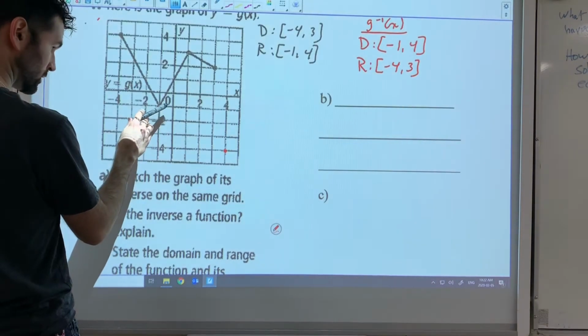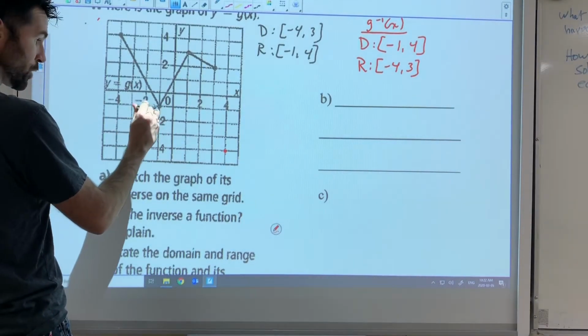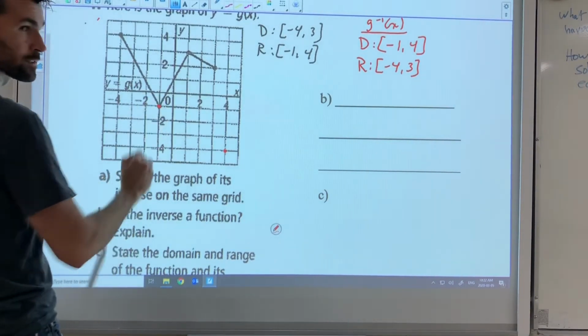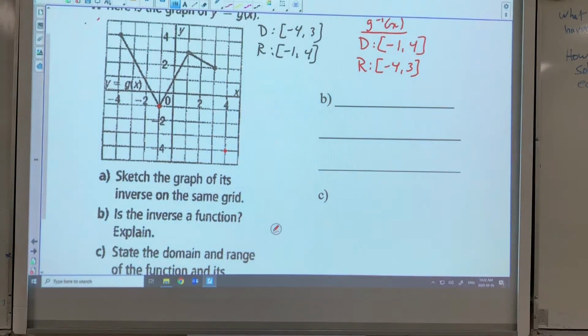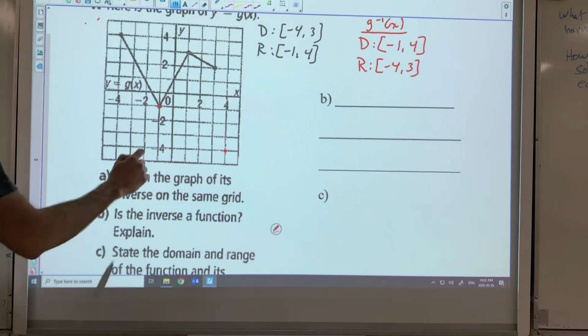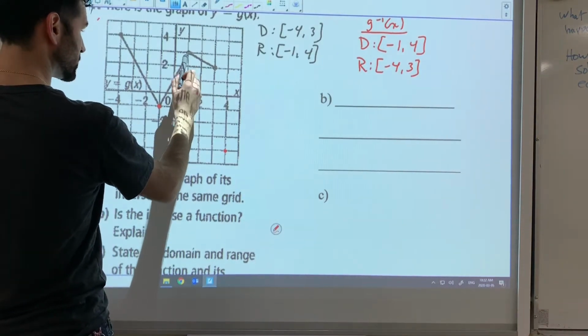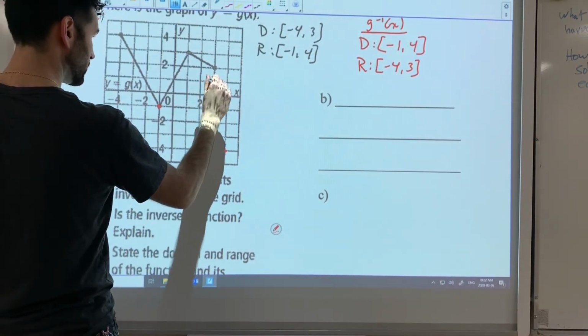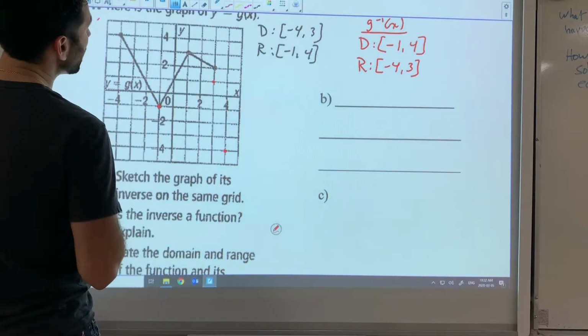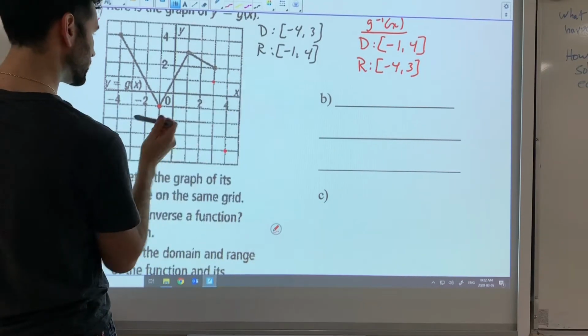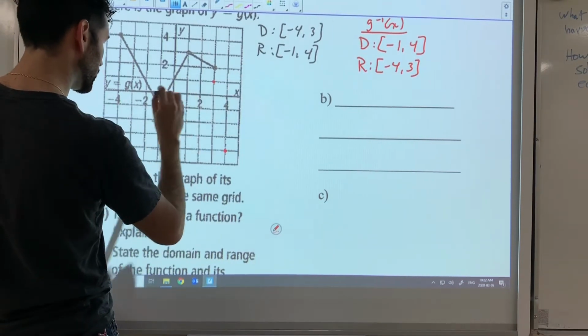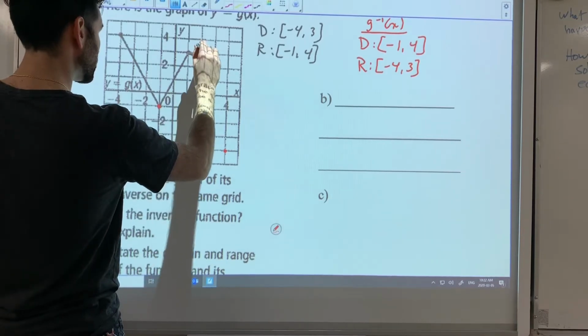That point's going to stay right where it is, right? Because when you switch them, you still have negative 1, negative 1. This point here is at 1, 3. So now we're going to do 3, 1. So that point goes there. And then this last point right here that is at 3, 2 is going to go 2, 3.